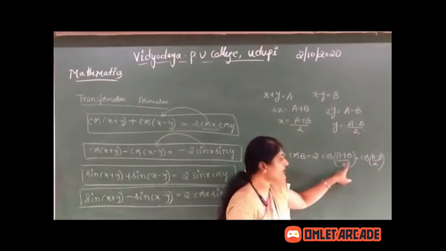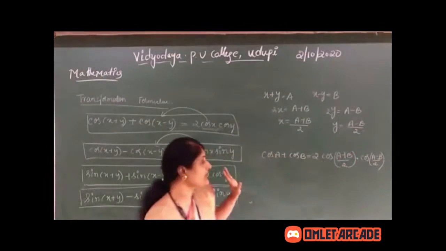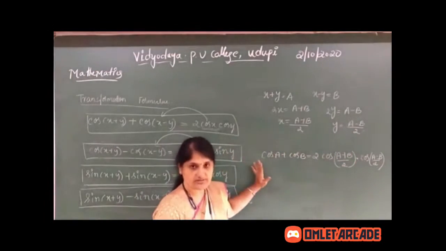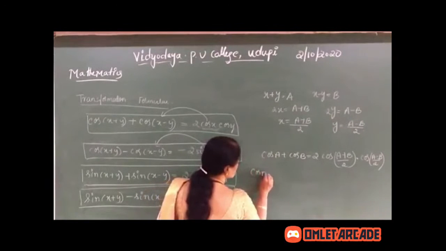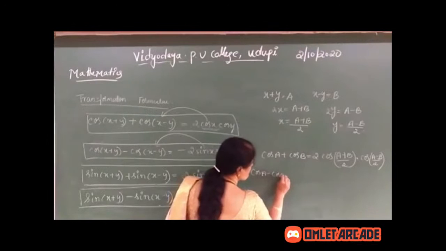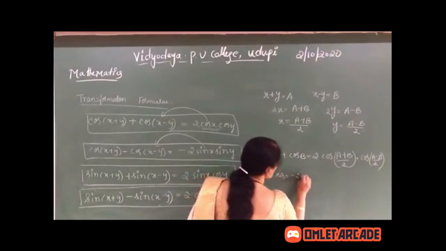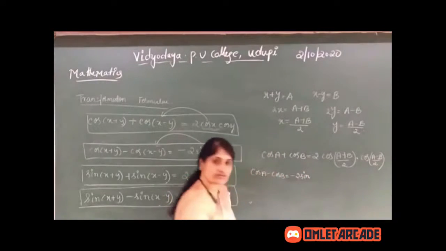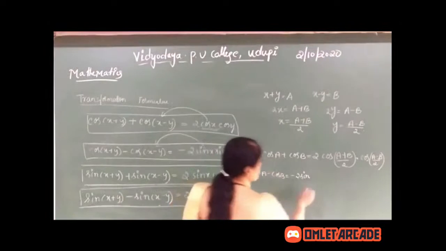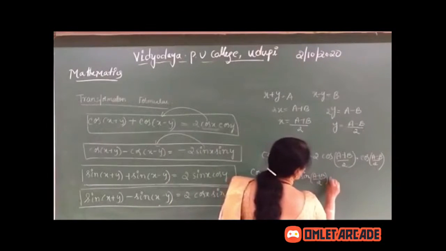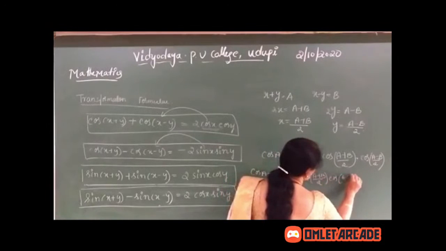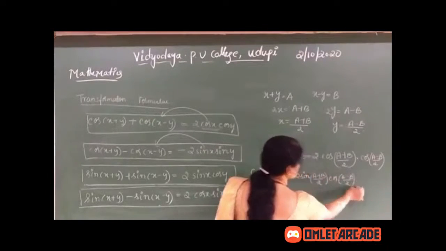That is 2 cos of a plus b by 2 into cos of a minus b by 2, which is important. Similarly, cos a minus cos b, when we subtract it, is minus 2 sin x sin y, isn't it? So x is nothing but a plus b by 2, so it is minus 2 sin of a plus b divided by 2 into sin of a minus b divided by 2.